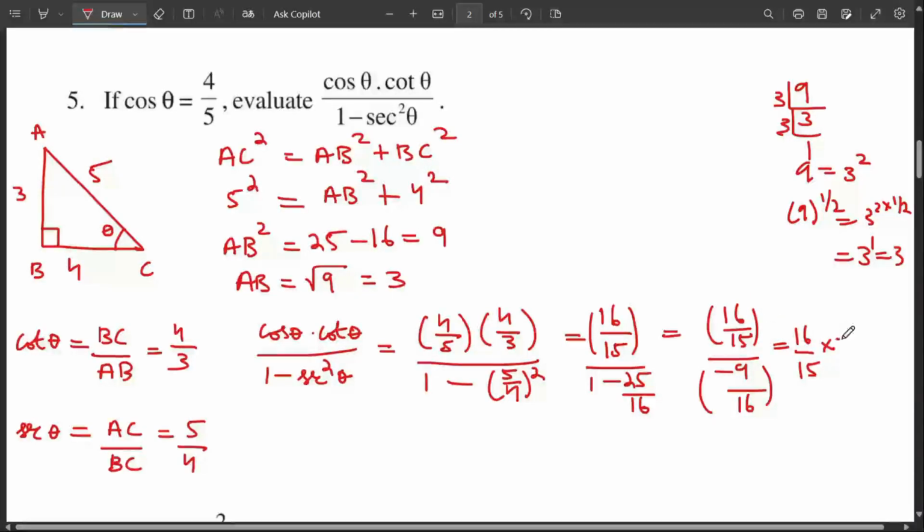So into minus 16 by 9. So this is equal to 16 into 16 means 256. 15 into 9 is equal to 135.